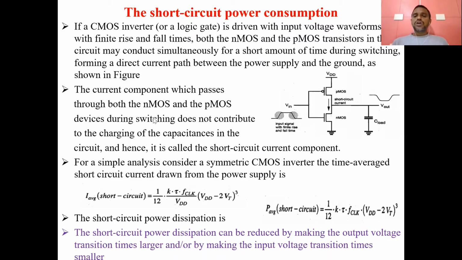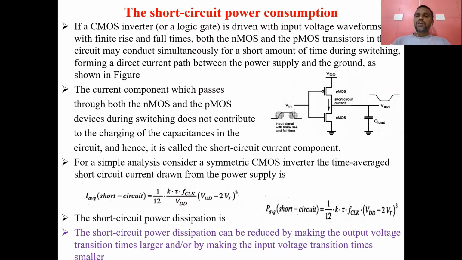I have considered this inverter circuit to explain it. If a CMOS inverter or logic gate is driven with input voltage waveforms with finite rise and fall time, both the NMOS and PMOS transistors in the circuit may conduct simultaneously for a short amount of time during switching. That's what I told.